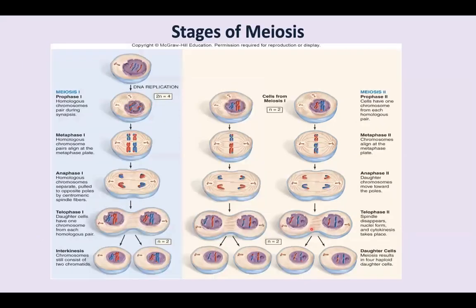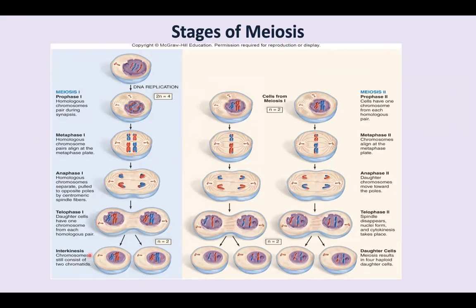Okay, so let's go through this again. Meiosis 1. If you don't want to read too many details, you can just refer to this figure on page 173, which is figure 10.6. So you will know what the stages or phases in meiosis 1 are, what happens, and meiosis 2.